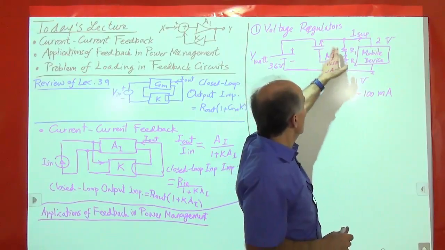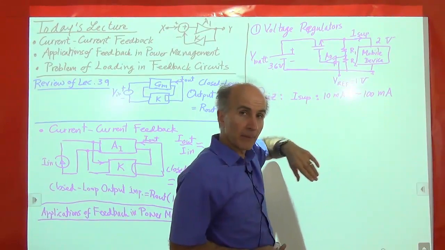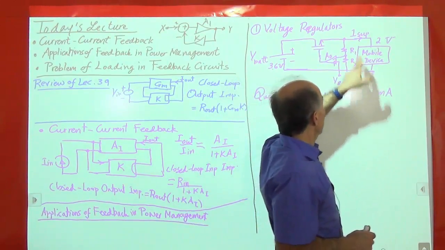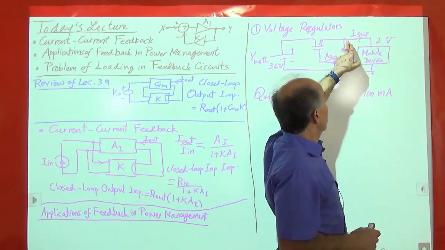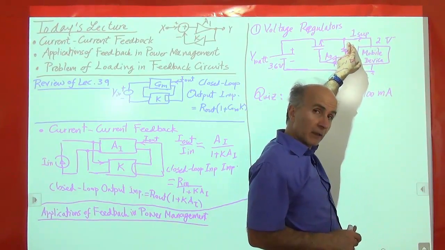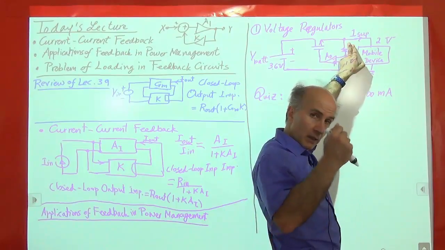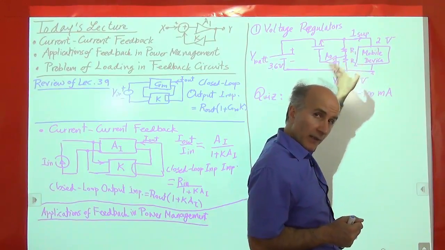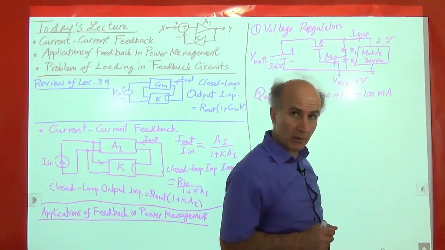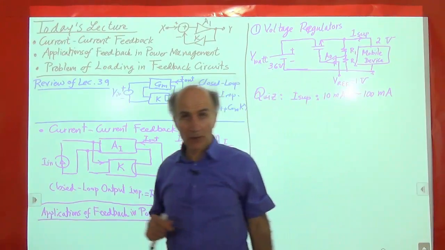So how does this loop respond to that? Okay, so we are trying to draw 100 milliamps from here. This voltage probably wants to drop, right? Anytime you want to draw a current from somewhere, it wants to drop. So how does this loop react to such a situation? I'll give you 1 minute to think about it.